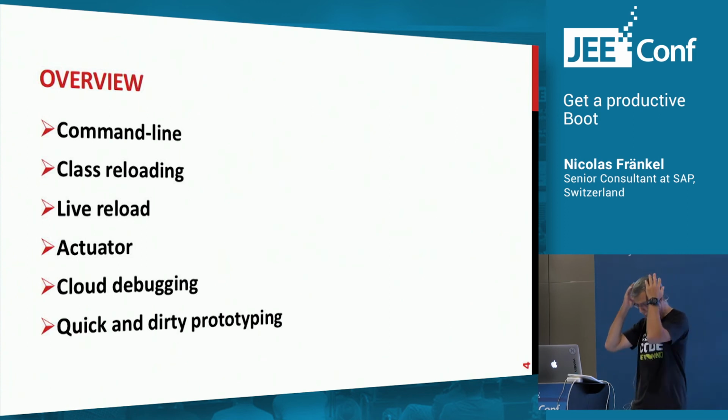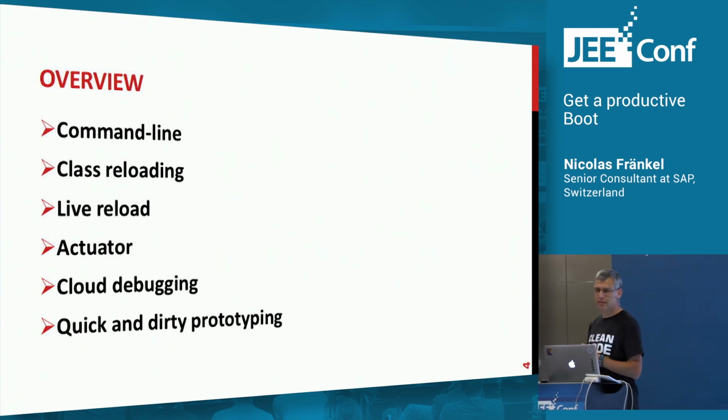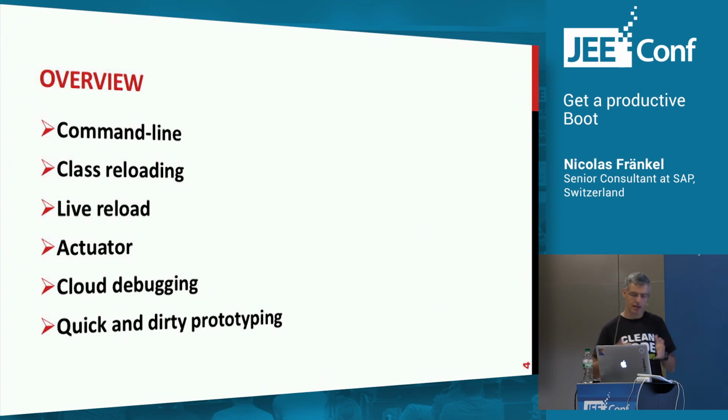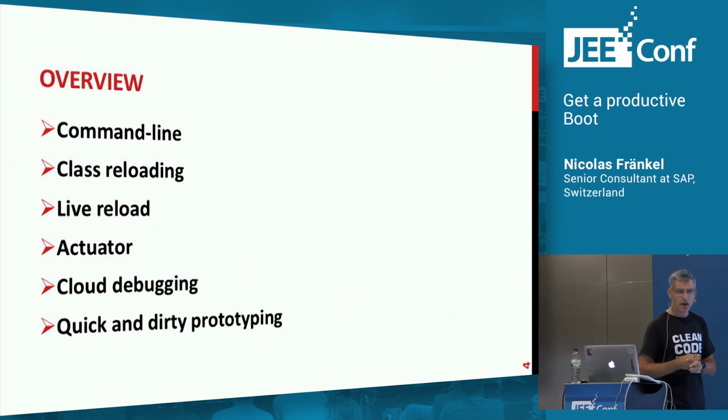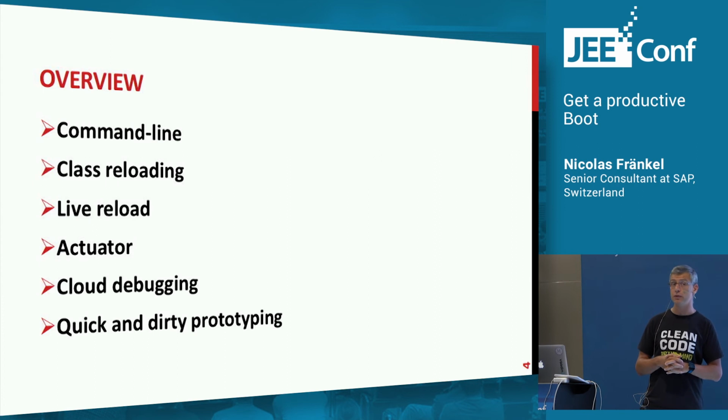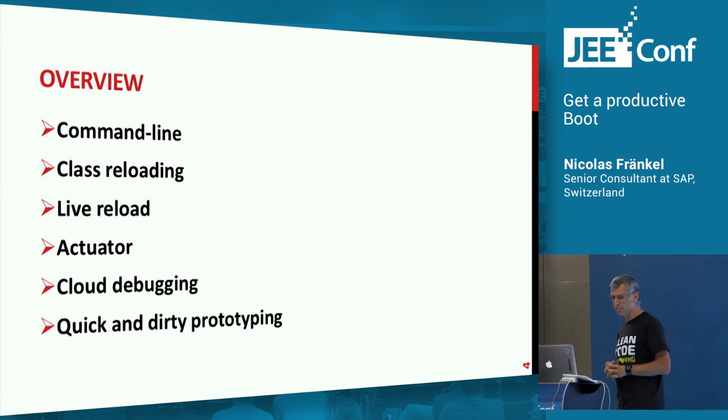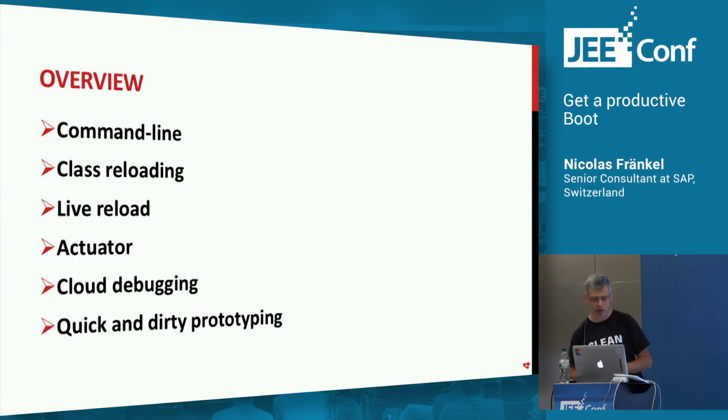Anton Arhipov is here, he will kill me. But still, if you are poor like me, it's very good. Use the actuator because even for development purposes, it's really good. And you can use cloud debugging if it works in a normal situation, not within a demo. Then you can have that.